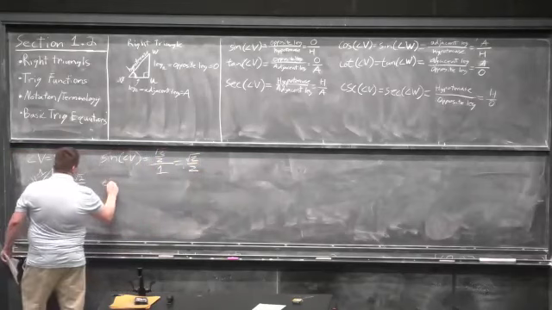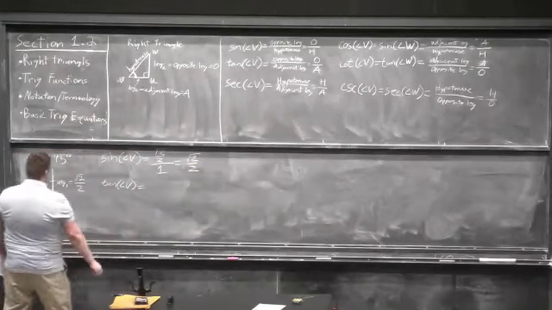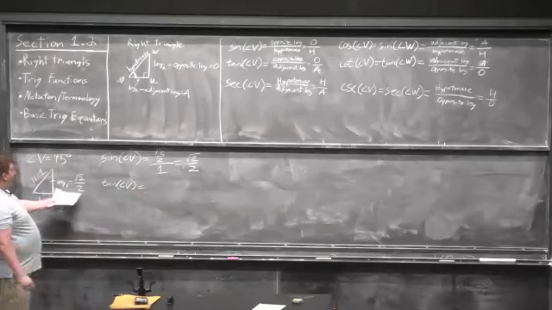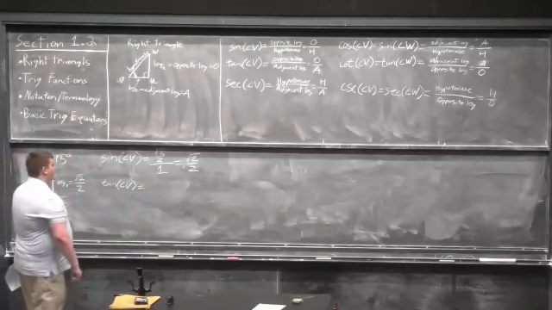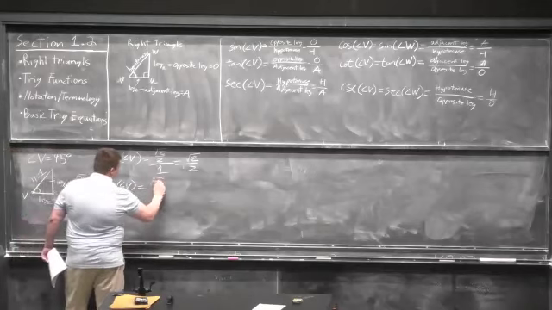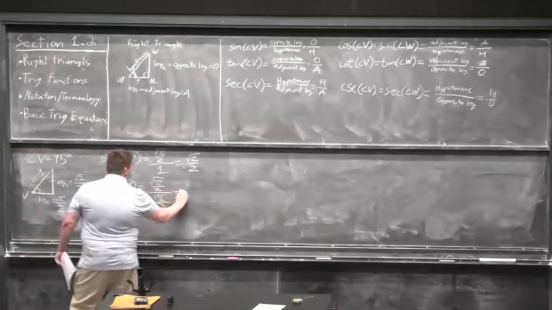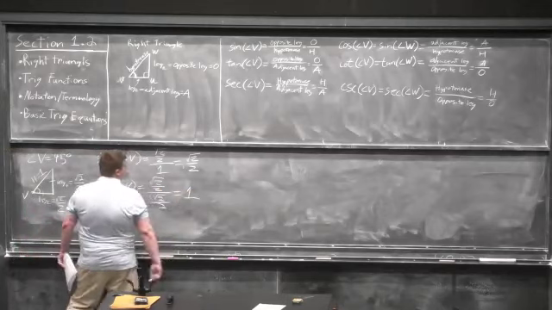Our tangent of angle V is going to be our opposite leg divided by our adjacent leg, which is square root 2 over 2 divided by square root 2 over 2. Something divided by itself, that's 1.